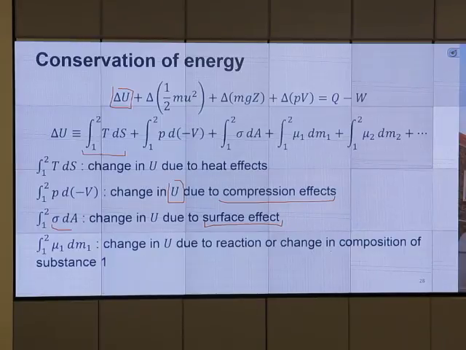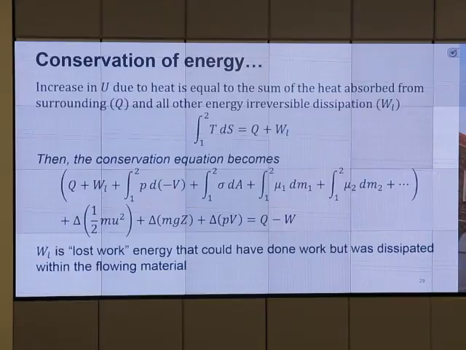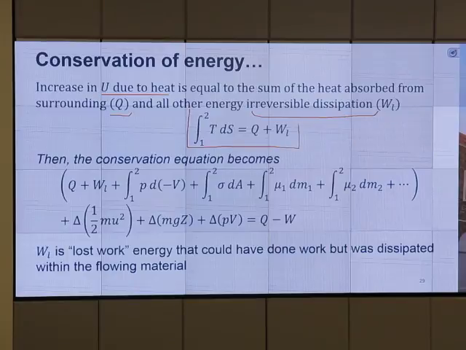It may look very long, but we neglect several terms. The increase in U due to heat is equal to the sum of heat absorbed from the surrounding, Q, and another energy, irreversible dissipation, WL. So I write this.